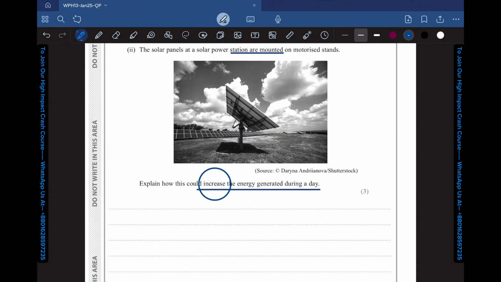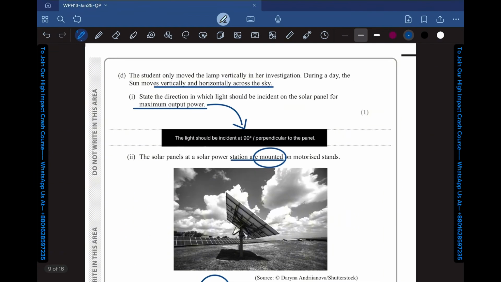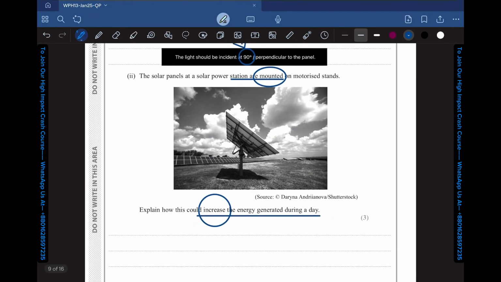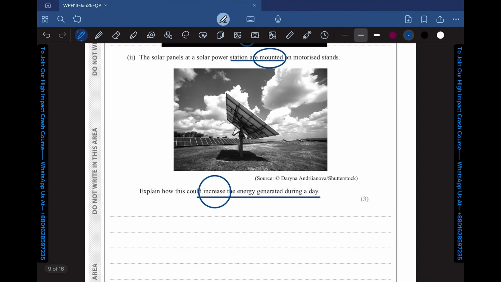Now let's think of it like this. It was mounted because we know that at 90 degrees, maximum power output occurs, right? So it was mounted definitely for a reason, to maximize the power output. It was mounted relative to the position of the sun, in such a position so that maximum power output occurs.